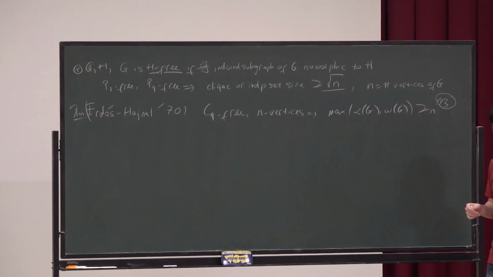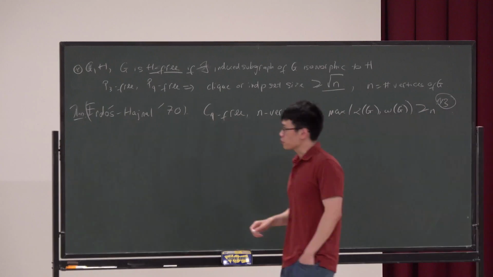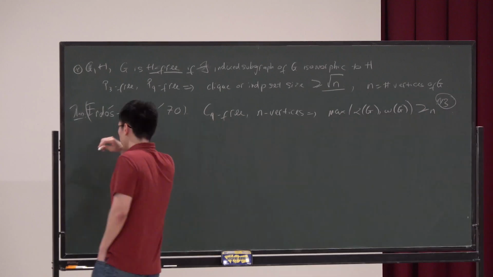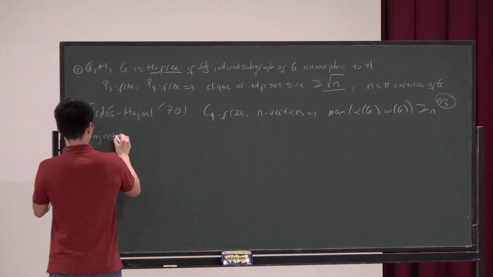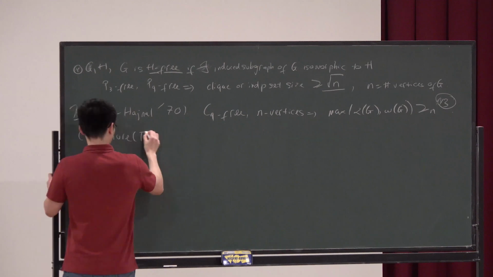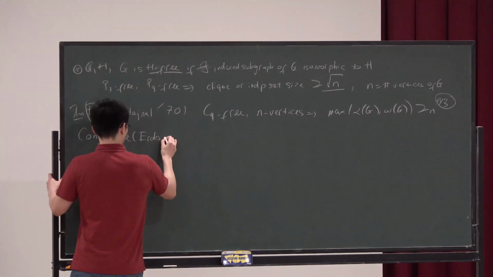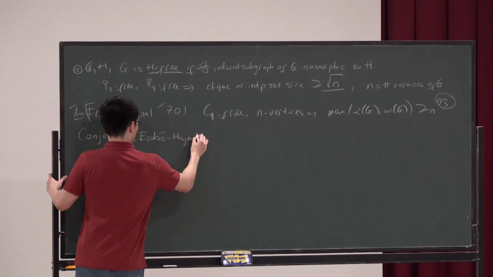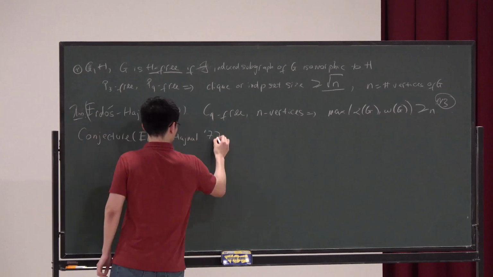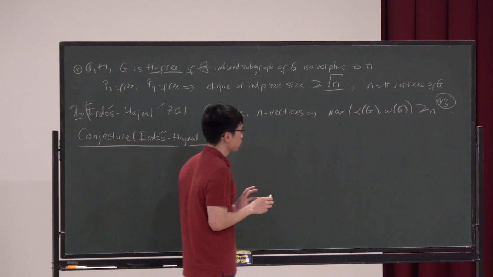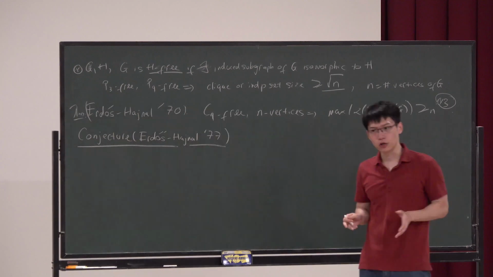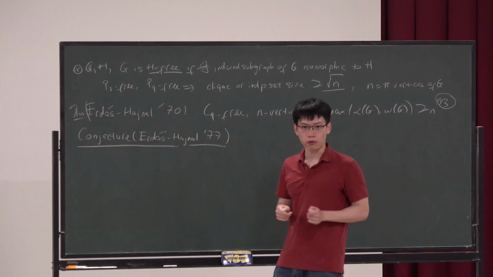So Erdős and Hajnal, maybe 50 years ago, made a conjecture that perhaps this phenomenon should hold for excluding any induced subgraph, not just the simple graphs.